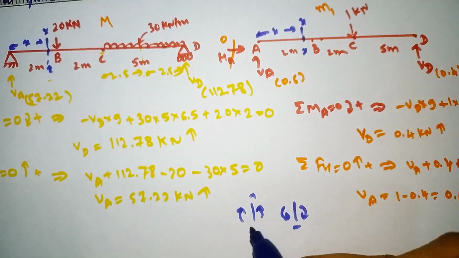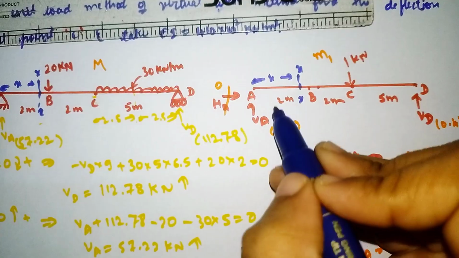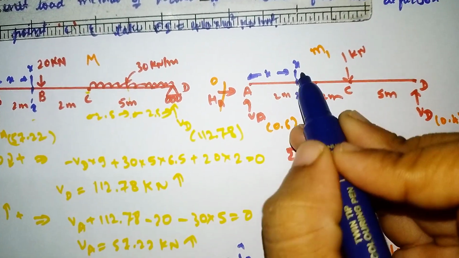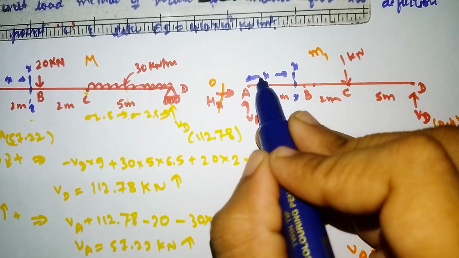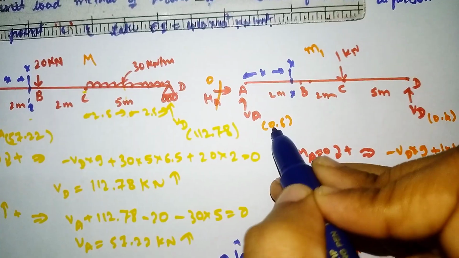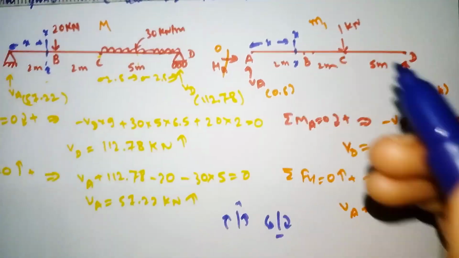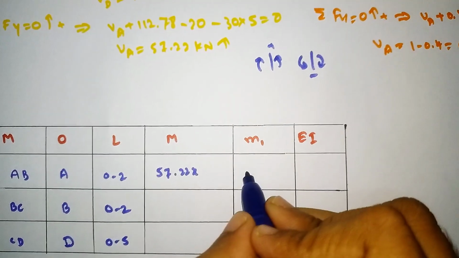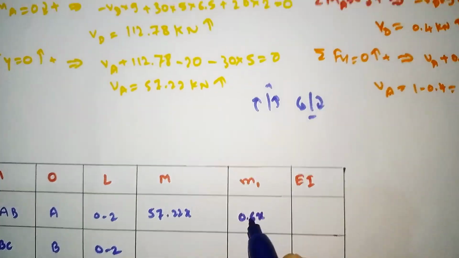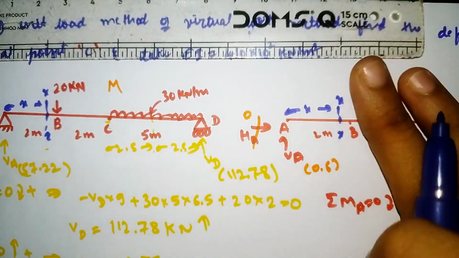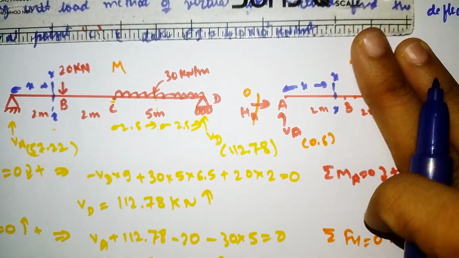Upward we need to take as positive. It is acting at a distance of x from this section. So 0.6 into x, our m1 becomes 0.6x. Is there any other load acting? No, only VA is acting.